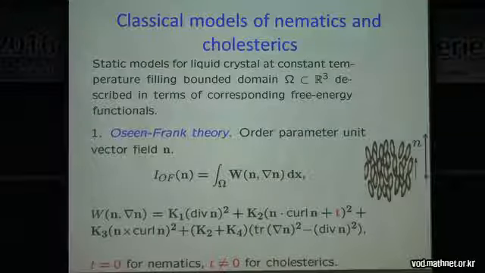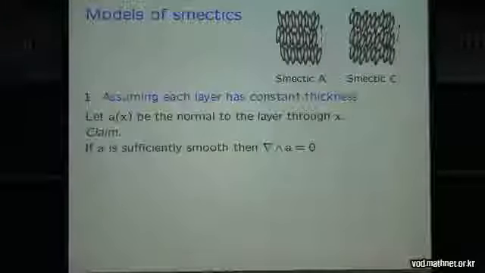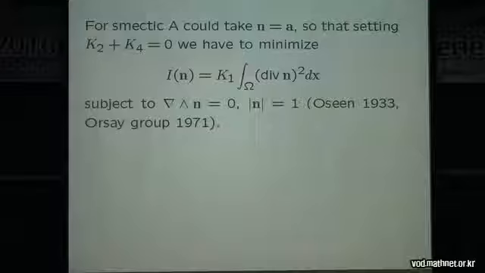Does that term go away as well, or do you just set it to 0? I'm not sure. I think that term goes away as well, so you end up with the first term, which is the integral of k1 times the divergence of n squared, and you do set k2 plus k4 equals 0. That's right. And so now you've got to minimize this subject to the curl of n being 0 and n being a unit vector.